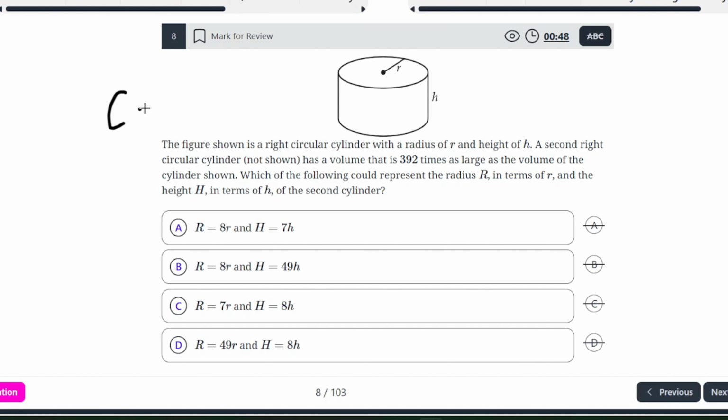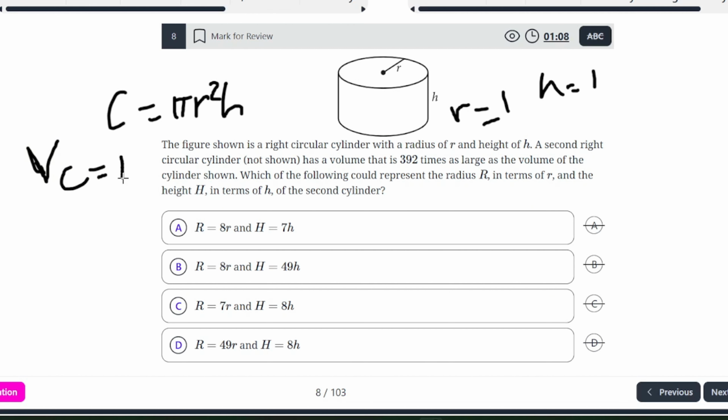V is equal to pi R squared H. So say our radius is 1 here, and say our H is 1 for our initial cylinder. That just means our volume is going to be pi. Now, how are we going to find a volume that's 392 times our pi here? Whatever our second cylinder is, it's going to have to be 392 pi.